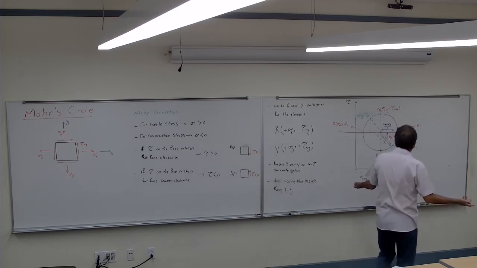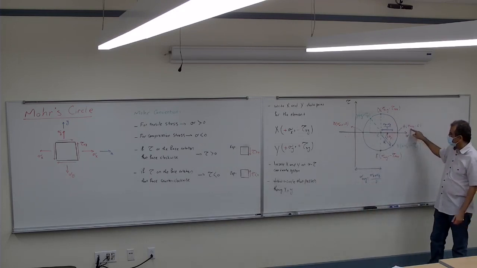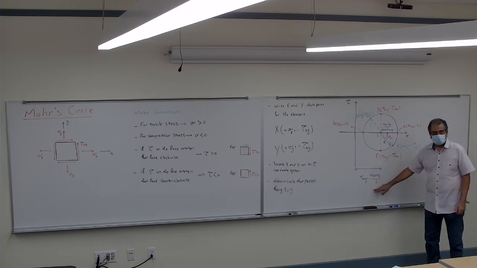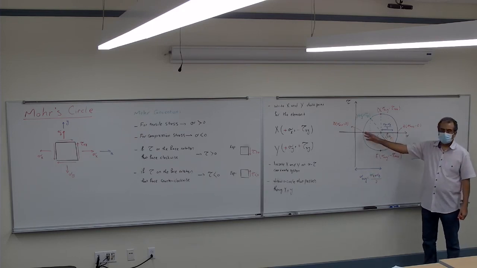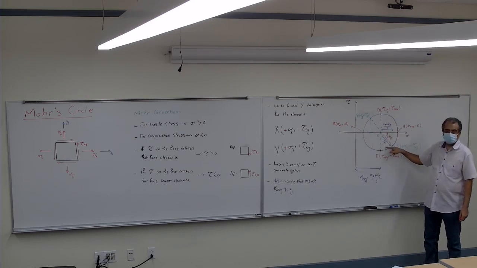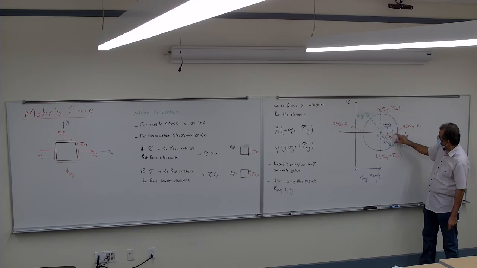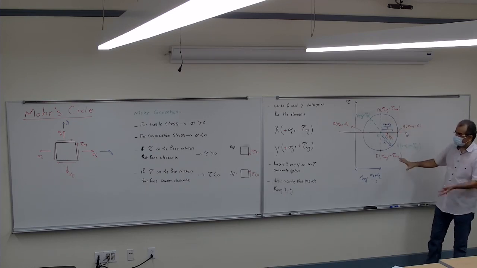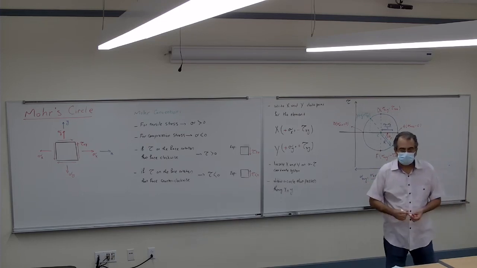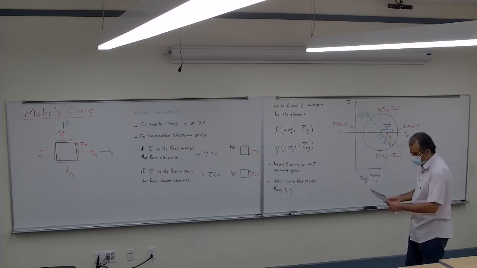So for example, the sigma max: sigma average plus R. The sigma min: sigma average minus R. The tau max is just the R. The tau min is negative of the R. That angle here is just the tangent inverse of this over that, sigma x divided by that. So anything I'm asking, I can just use that and find. I don't need to know any equation for that purpose.